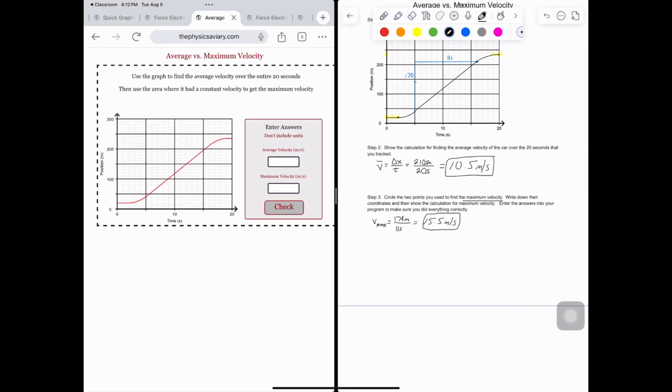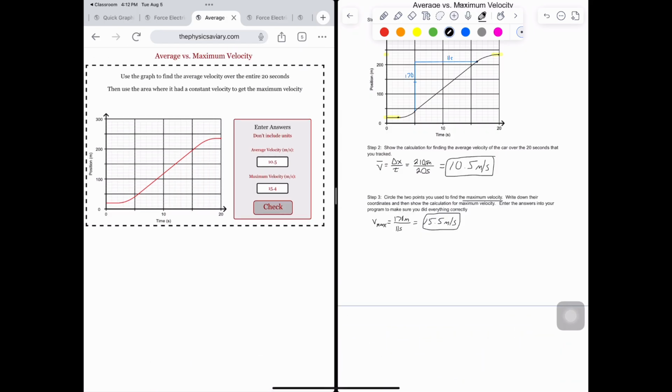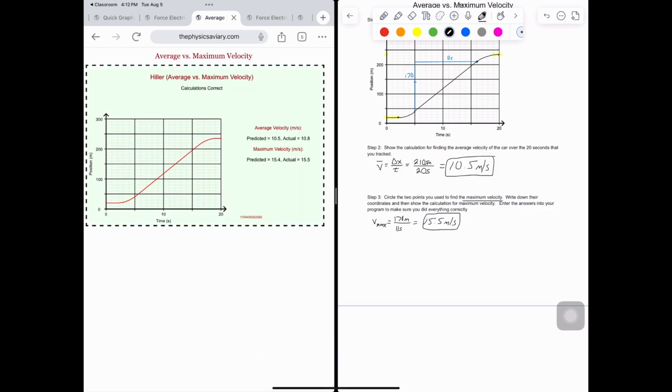Okay, let me put my values in, see how I did. You do the same. Pause the video if you need to. And there you go. Hopefully you were able to get this correct as well.